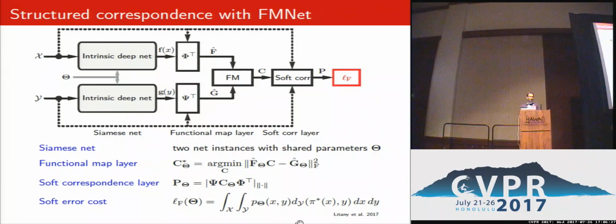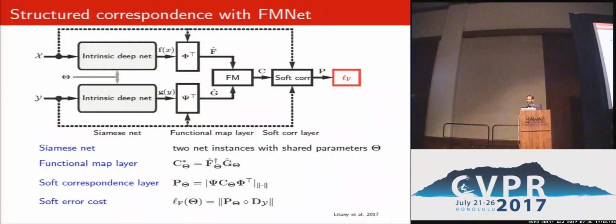And this will be the cost that we'll be minimizing. So this is a fixed layer. We need to backpropagate through the functional correspondence. Fortunately, it has a closed form expression. Basically, we need to backpropagate through this pseudo-inverse. And you can consider it as a complicated way of measuring the cost, the quality of the correspondence.